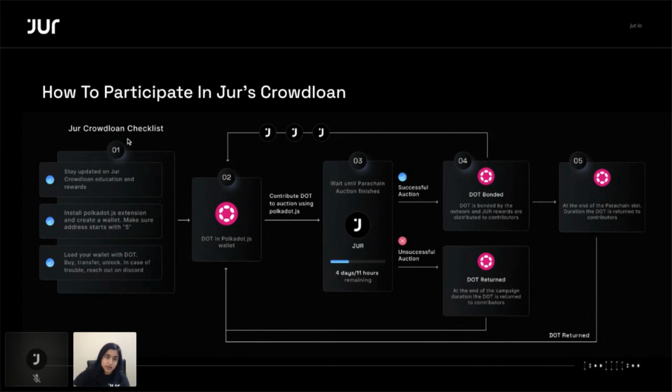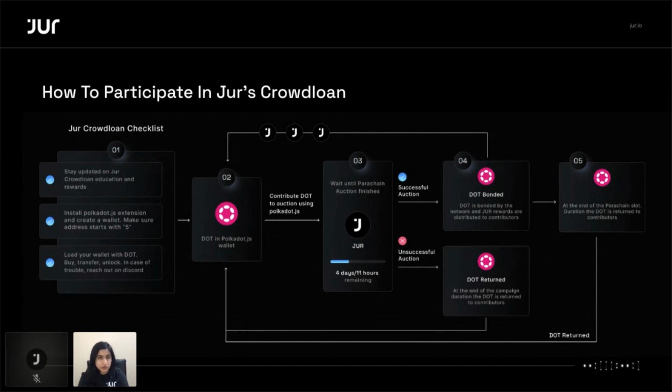First is having a Joule crowd loan checklist. There are currently 3 major points in this. Expect that we'll share a more comprehensive checklist sooner on Discord. The first point is to stay updated on Joule crowd loan education and rewards. Today we will not be announcing any rewards program.